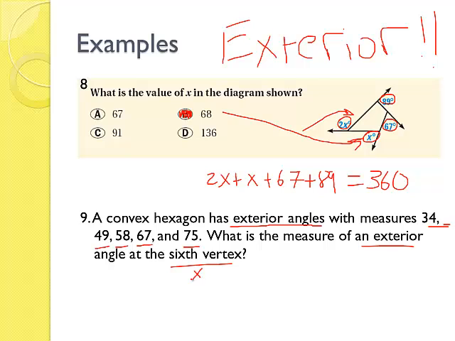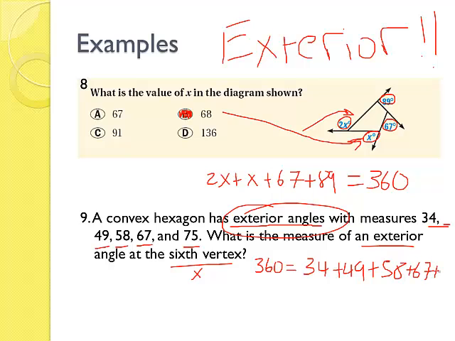Again, algebraically, we know they're exterior angles, so those are the key words that we look for. So we say exterior angles always measure to 360 degrees. That equals the angles that are given: 34 plus 49 plus 58 plus 67 plus 75.